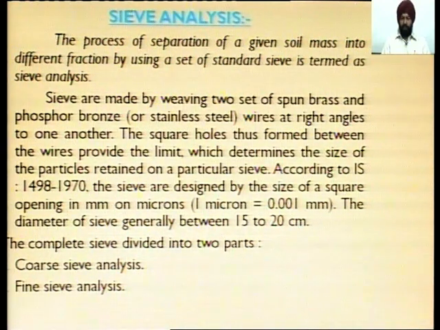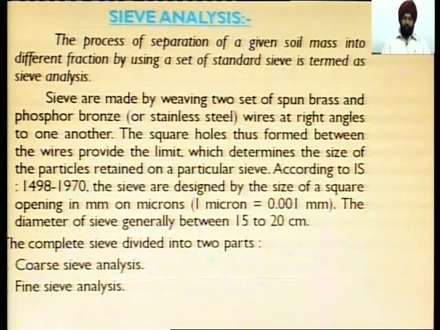According to IS 1498-1970, the sieves are designated by the size of the square opening in mm or micron. 1 micron is equal to 0.001 mm.